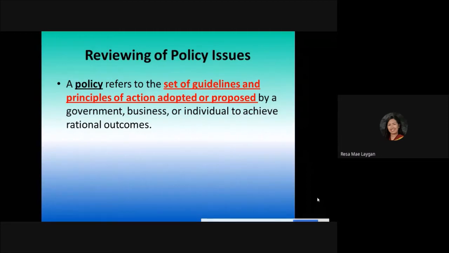So there are existing policies that attempt to solve that problem, but the implementation of this policy may have loopholes, and you have to assess those loopholes or the success of that policy, so that policymakers, when they read your research paper, will find out what the loopholes of the policies are, or what things need to be improved in the policy in order to solve the problem.